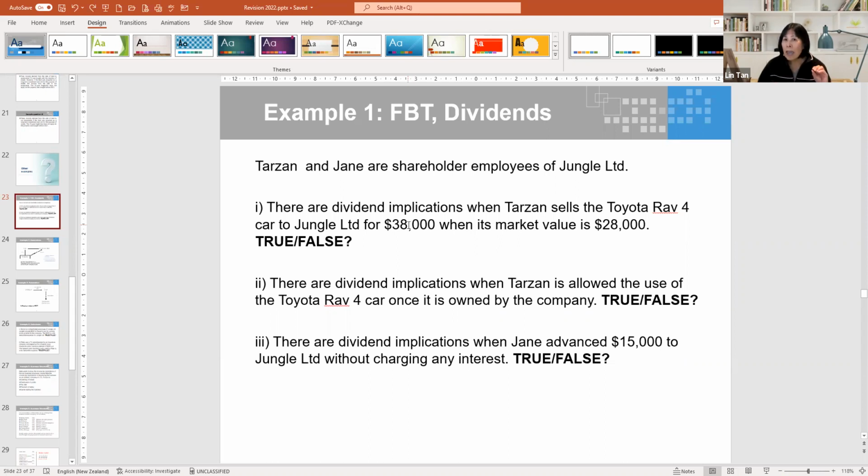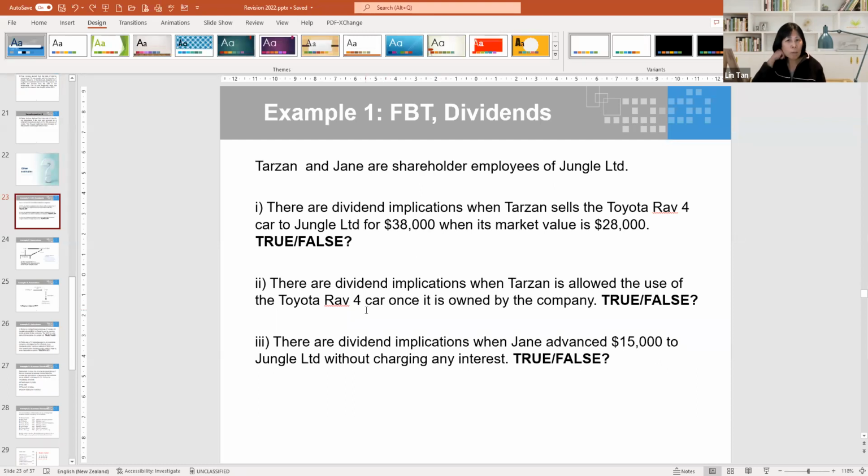So it is a cash benefit. So if it is a cash benefit, and he's also a shareholder, it is called a dividend. So it's a true statement. There are dividend implications because the $10,000 is deemed to be a dividend.